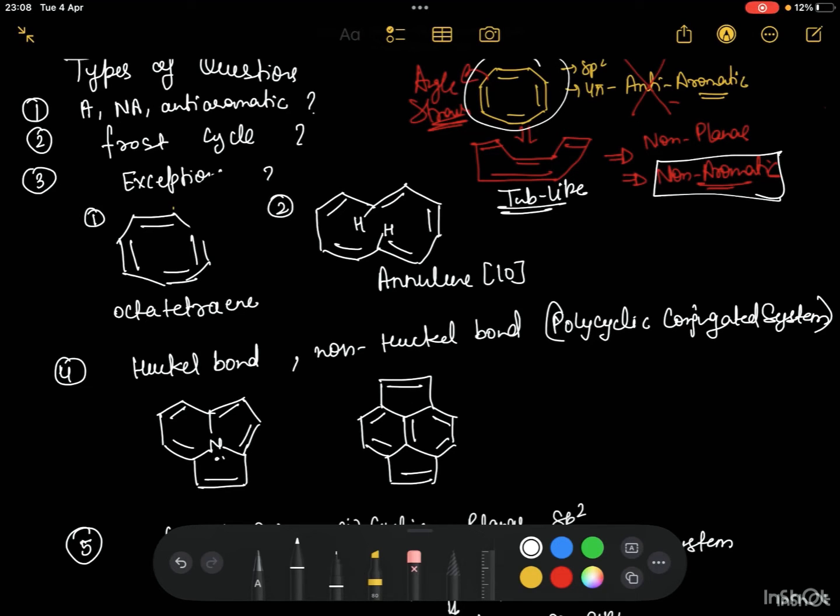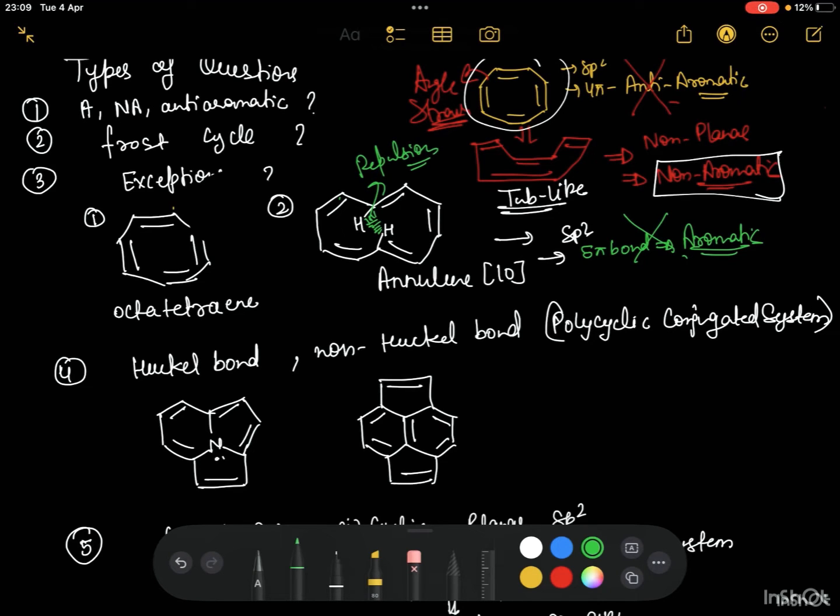Now the second example we will discuss is the aniline type. In this system, all carbons have sp2 hybridization, and there are 1, 2, 3, 4, 5 pi bonds, which means it should be aromatic. But this system is not aromatic because these hydrogens create a repulsion.